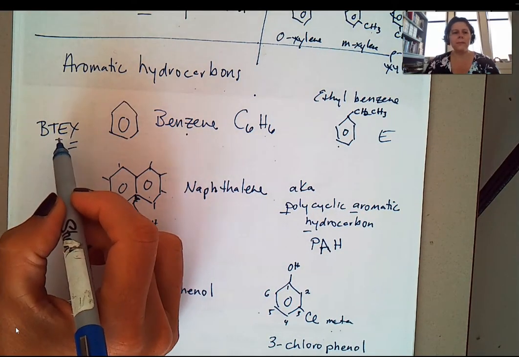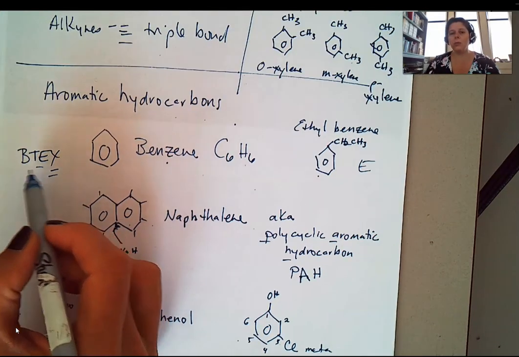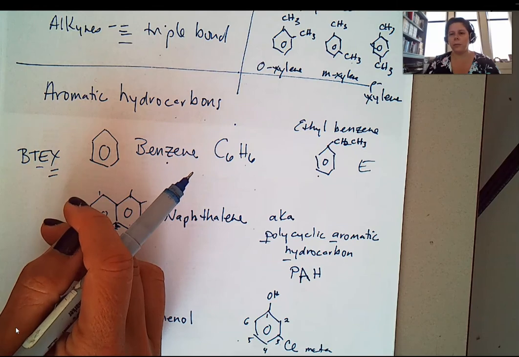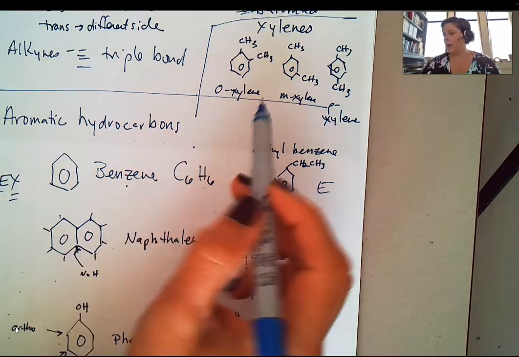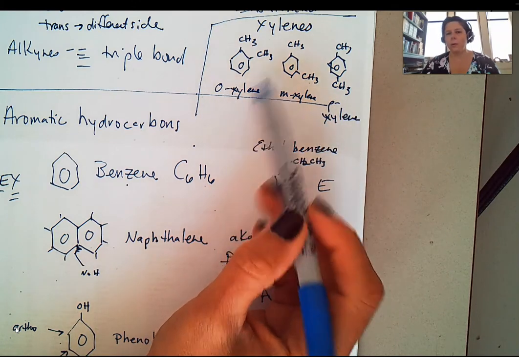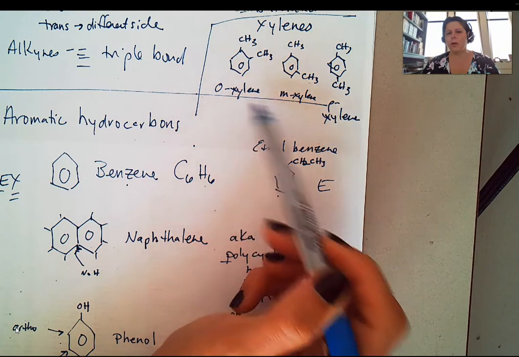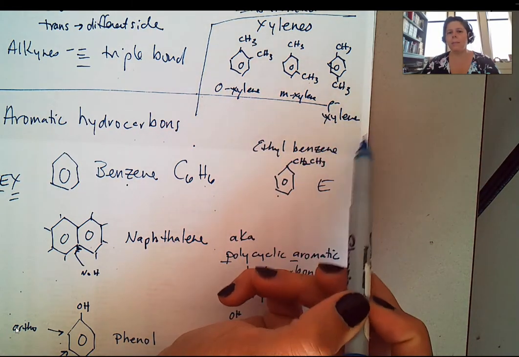We have benzene, toluene, ethylbenzene, and xylenes. And so when you write out BTEX, if I give you a homework assignment, hint, hint, keep in mind that you have to draw all three. If you just draw one, you have only drawn one of the three xylenes, and you have to draw all three of them and indicate which one is O, M, and P.